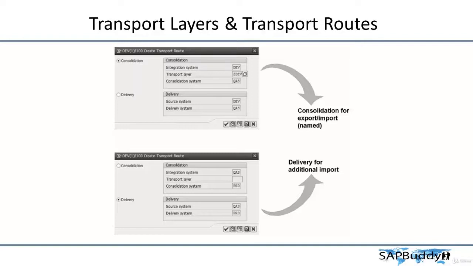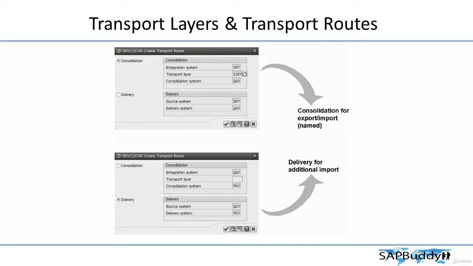Let's assume that we use the standard configuration to configure, and we distribute this configuration to all the systems. In these cases, the transport layer of the particular package will not be changed or disturbed.